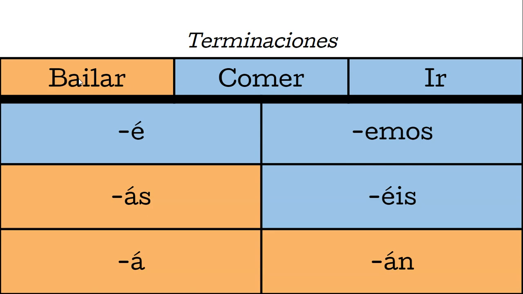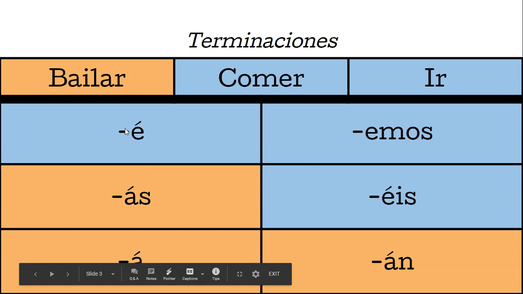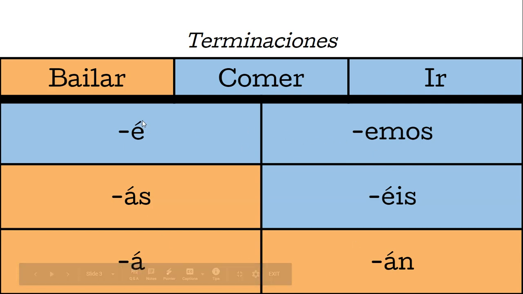And then when we want to say, like, I will dance, you just say bailar, bailaré. And you dance, bailarás, and so on and so forth. So our endings are é, ás, á, emos, éis, and án. And again, these 3 have A's and these 3 have E's, but it does not matter. You put these 6 on, regardless of whether it's an AR, an ER, or an IR. Does not matter. So make sure you get these copied down on your sheet, and we are going to move forward.